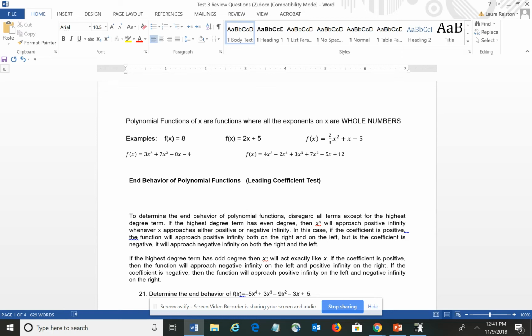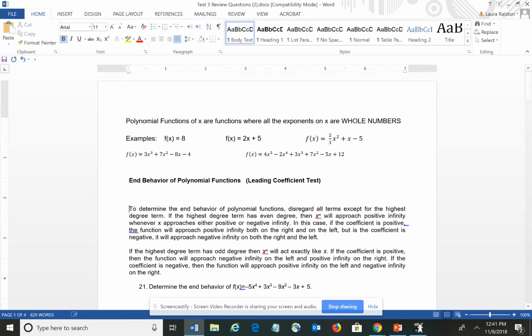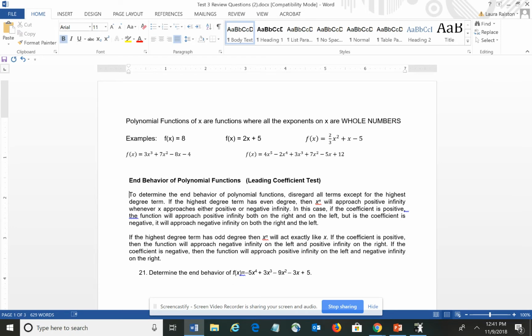And so one of the things that they focus on is looking at the end behavior of the particular polynomial function. It's also referred to as the leading coefficient test. We can look at the leading coefficient and get an idea of what should be happening on the ends of the graph as you go further and further away from zero towards negative infinity, or as you go further and further away from zero towards positive infinity.